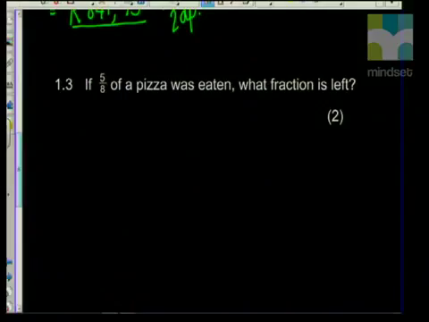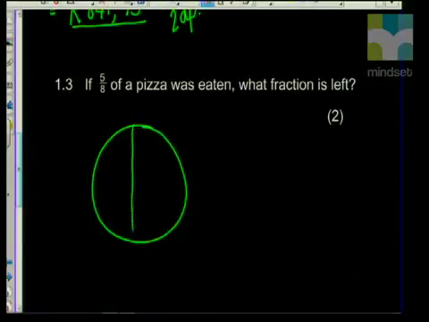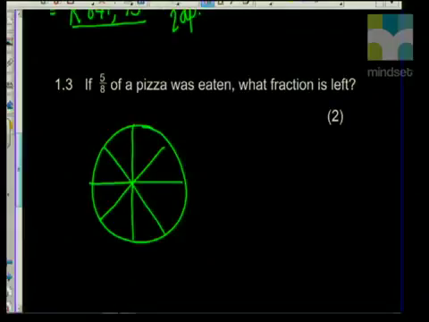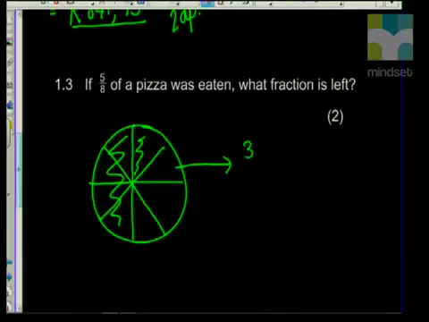Right, let's go on to 1.3. If 5/8 of a pizza was eaten, what fraction is left? Now, if I can imagine my pizza and I cut it into 8s, and I've eaten 5/8, it would be very easy to then see I've got 3/8 left.